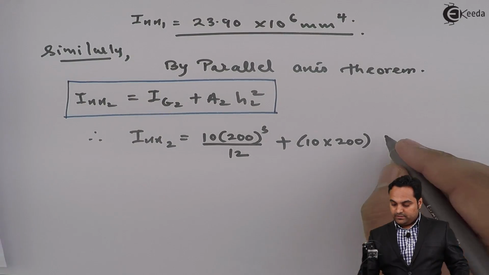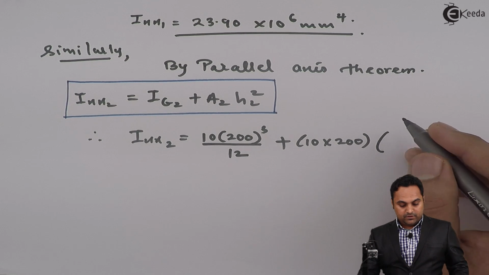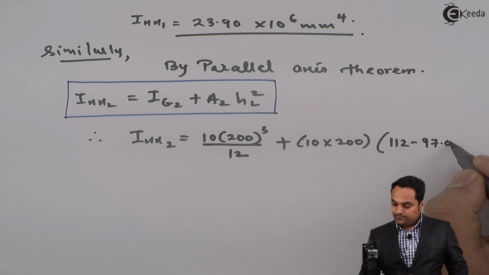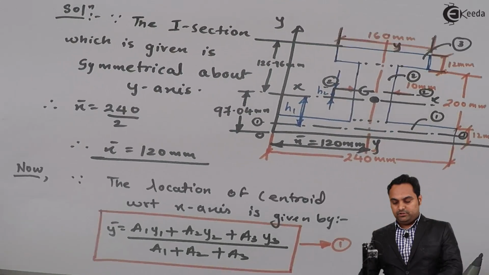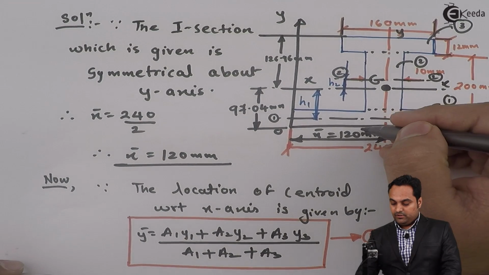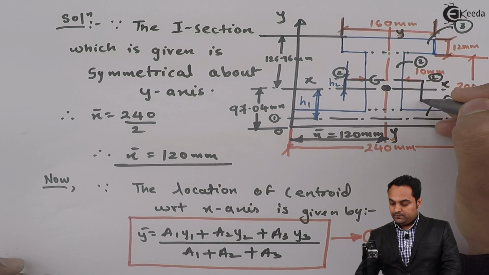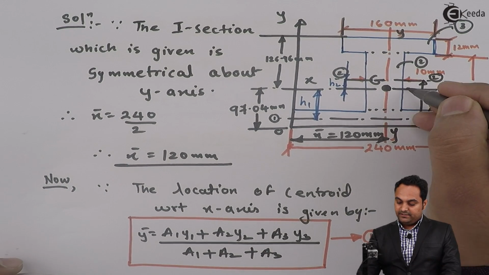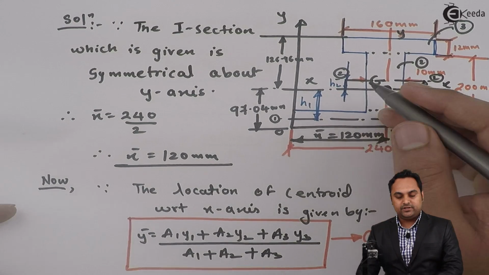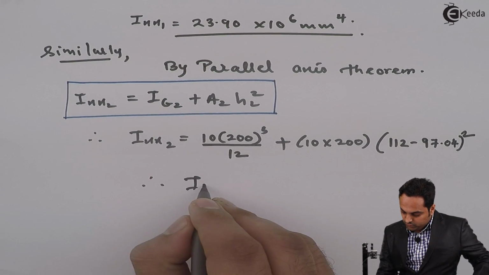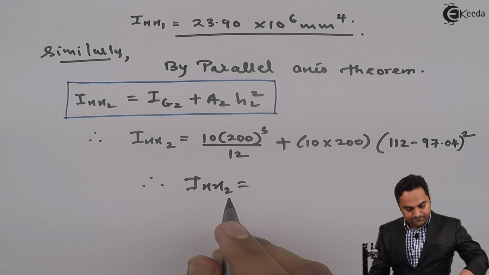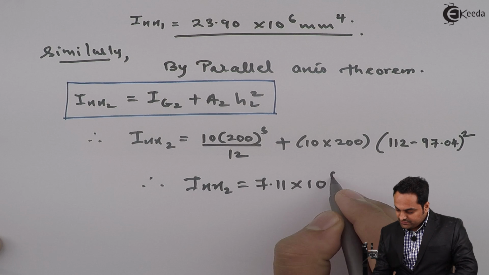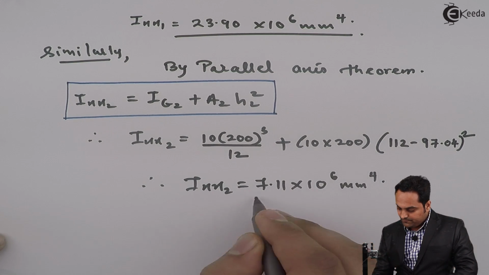So h2 will be 112 minus 97.04 whole square, because it is 112 mm from the bottom up till here. This is 112 mm, and from that I am subtracting 97.04, that will give me h2. So the Ixx2 value comes out to be 7.11 into 10 raised to 6 mm raised to 4.